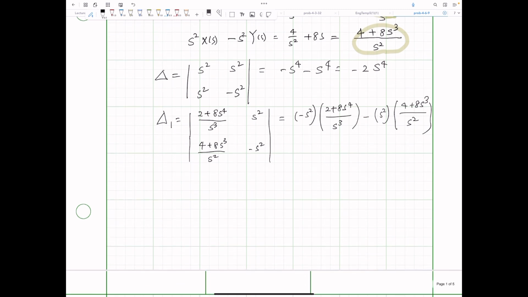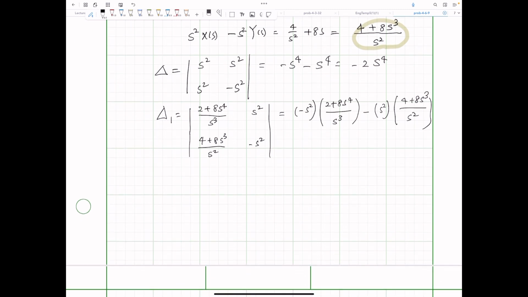Let's simplify a little bit. So the first one, s squared, and then the square is going to go away. And then we have s as a denominator, and we have a negative. So negative 2 minus 8s to the 4th, and then minus. So for the second term, let's keep one s at the denominator, so that we can combine the first and second term. Then we need to multiply by s.